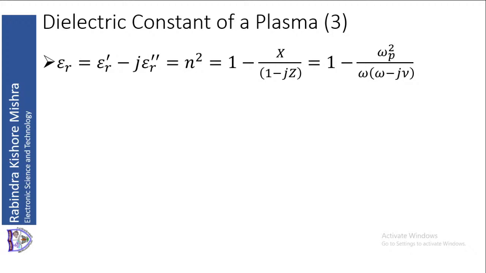So now we can put the values of x and z. This will give us 1 minus omega p square divided by omega into omega minus j nu.